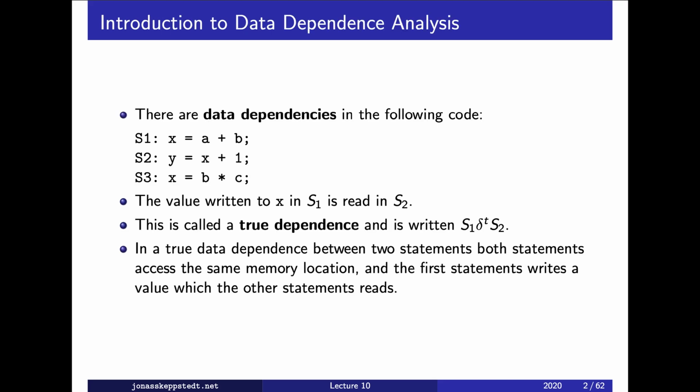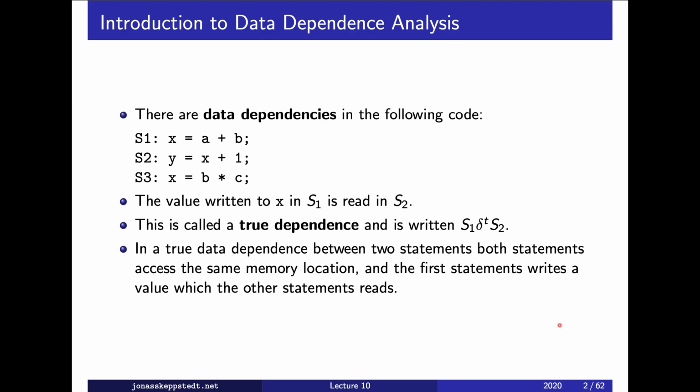Okay, so there are different kinds of data dependencies. A true dependence is when one instruction or statement or iteration or something else writes to a value and then another reads that value.